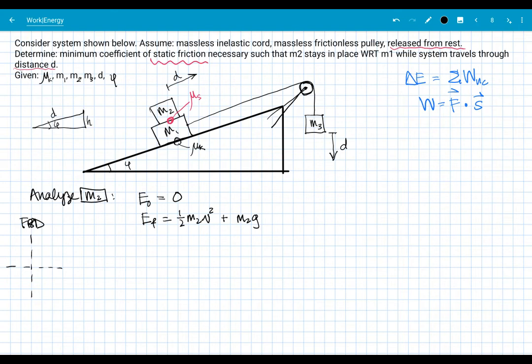And I can know what that is. That's going to be d sine phi. I can know here that my h is equal to d sine phi. So if it helps you, draw that little right triangle out for yourself. Depends on what you can see in your mind. So that's my initial and final just for block two here.